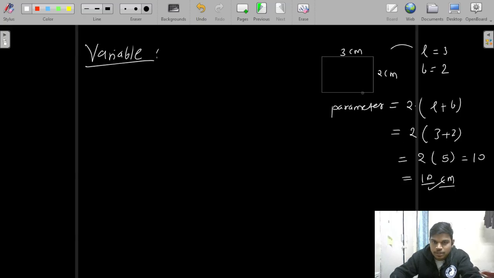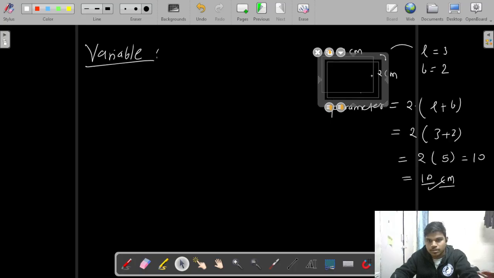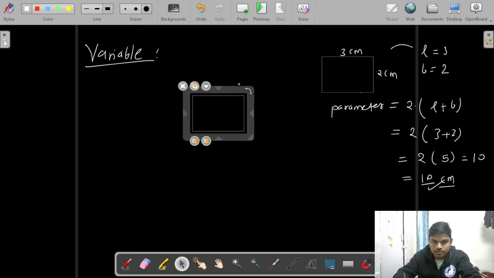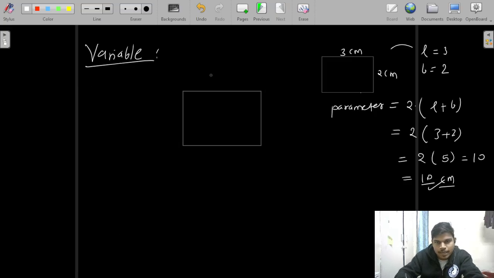Now suppose I'm taking another rectangle, but a little bit bigger in size. The length is 4 centimeter, width is 3 centimeter. In the next case, your L is now 4 because we have taken the bigger rectangle, and B is 3.